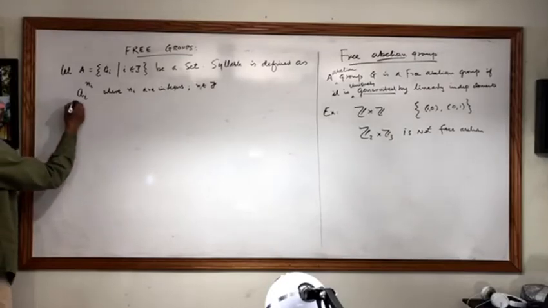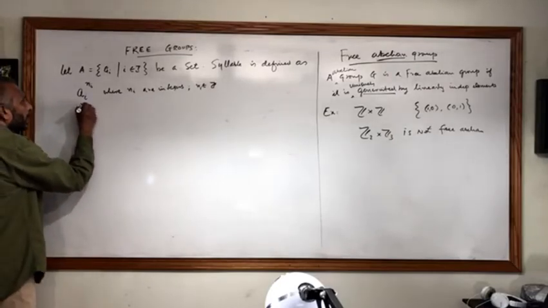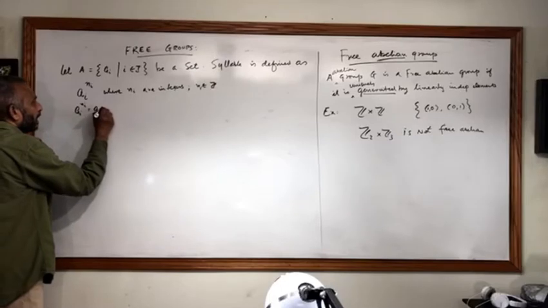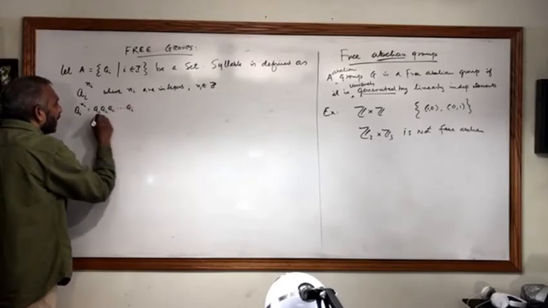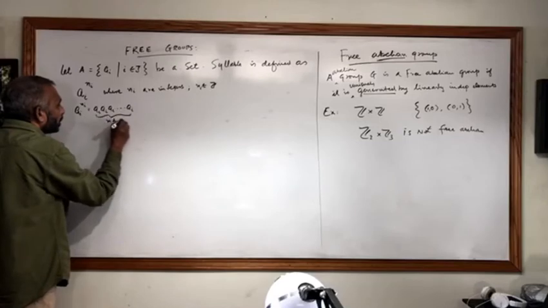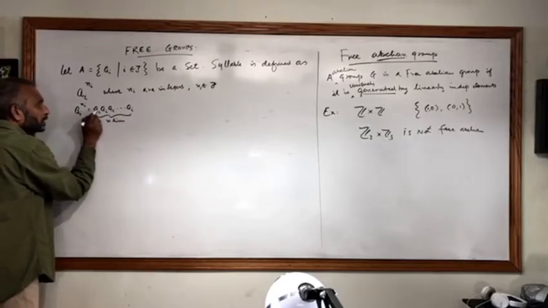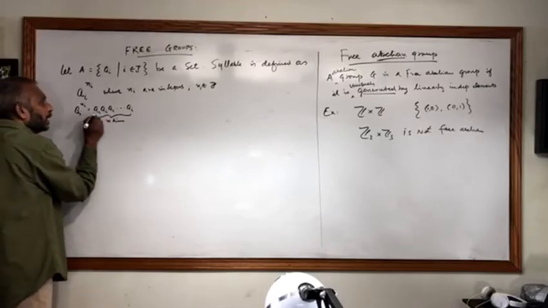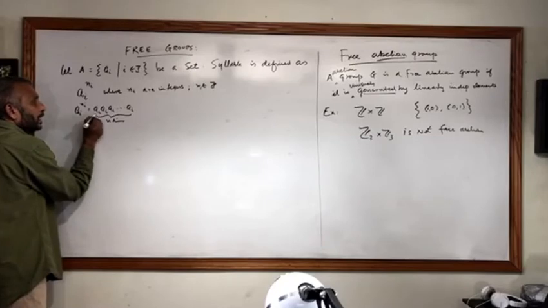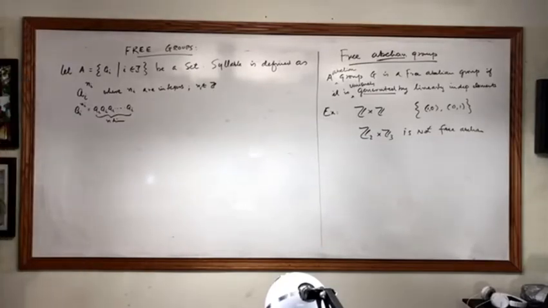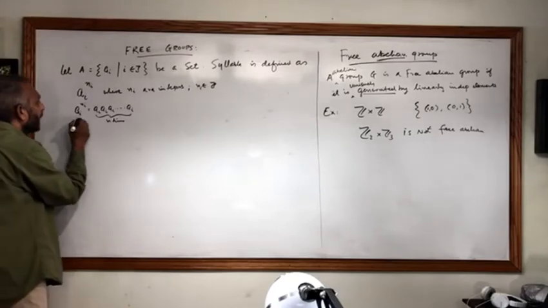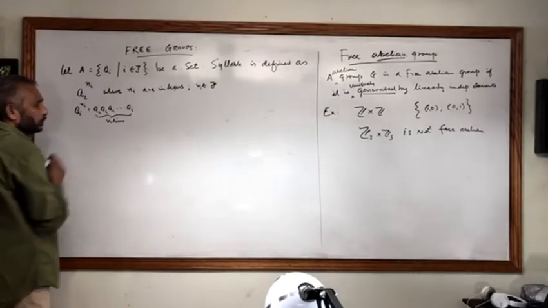We can also write a_i^n as a_i written n times. This is also not multiplication. We are placing a_i next to it. It's called writing in juxtaposition, or concatenating a_i n times.